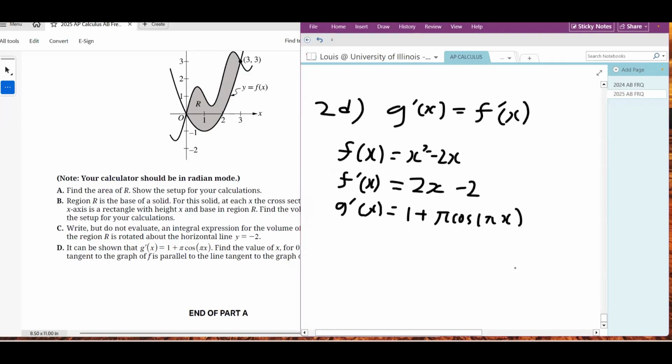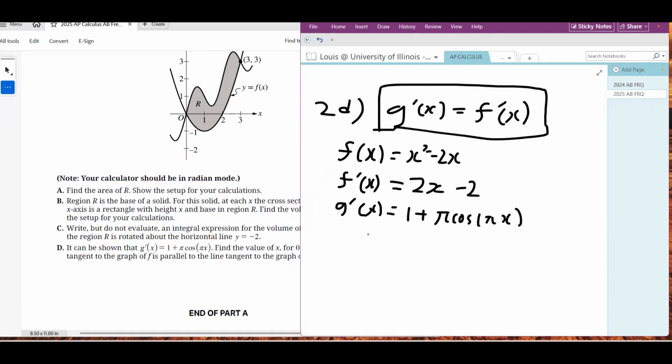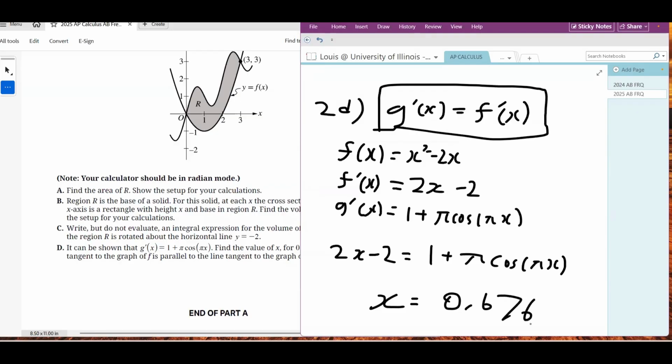Definitely don't forget to write this down. If I set these equal to each other, 2x minus 2 is equal to 1 plus pi cosine of pi x, and punch this in your calculator, I get a value of x equal to 0.676. Okay?